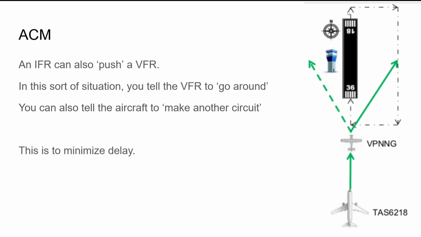All it means is just fly another circuit. It's simple. This is to minimize delay because it is much faster making another circuit as VFR than having a large aircraft go around. This is all about efficiency. There is no general rule for VFR over IFR.